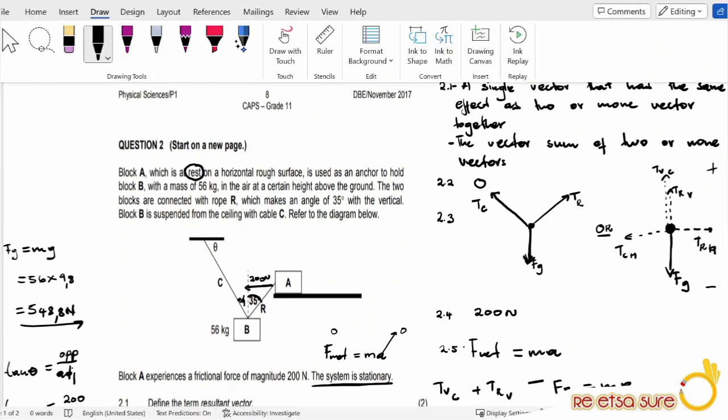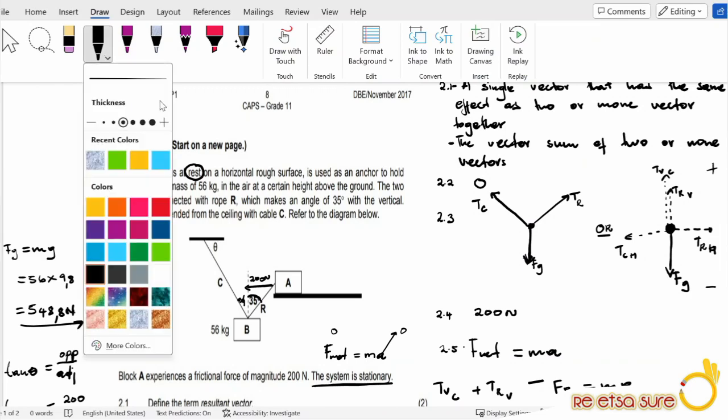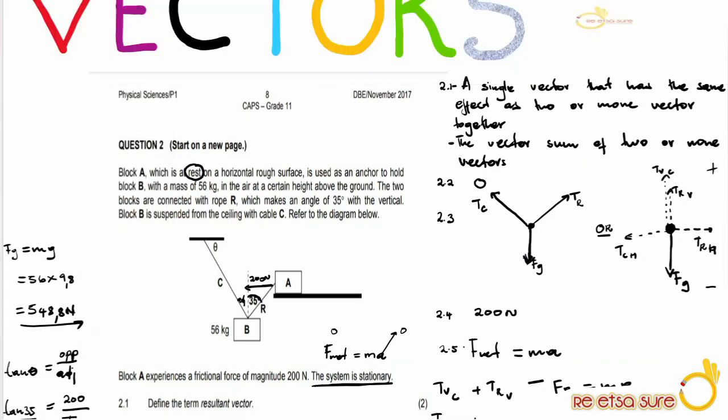Let me allocate the marks for this question. Okay, obviously for writing a single vector that has the same effect, you'll get 1. As 2 or more vectors added together, you'll get another mark.